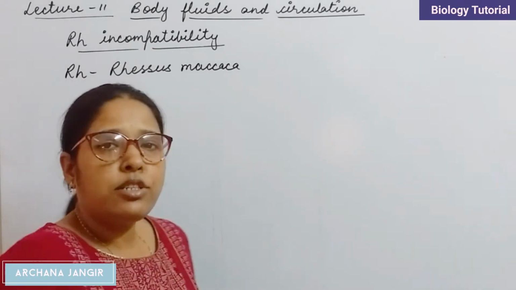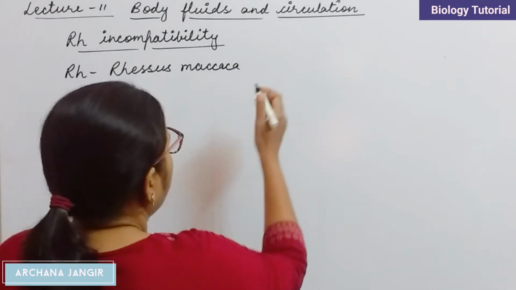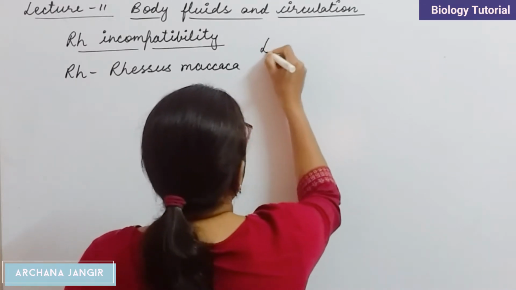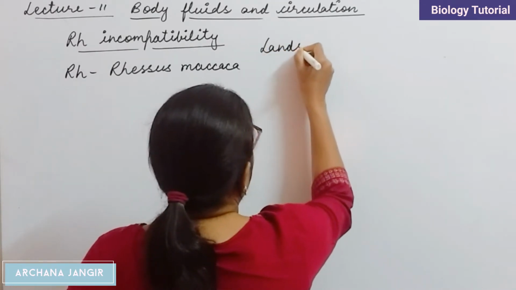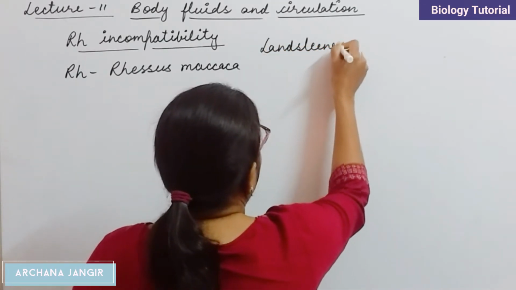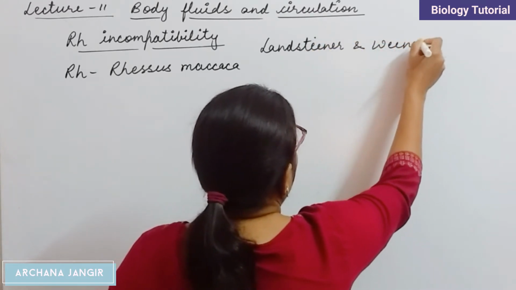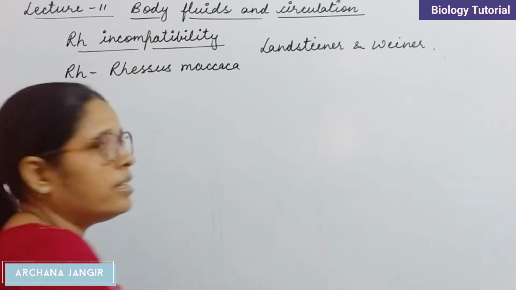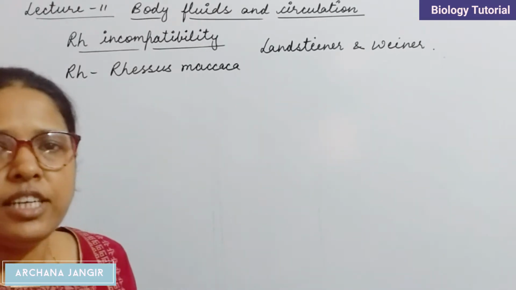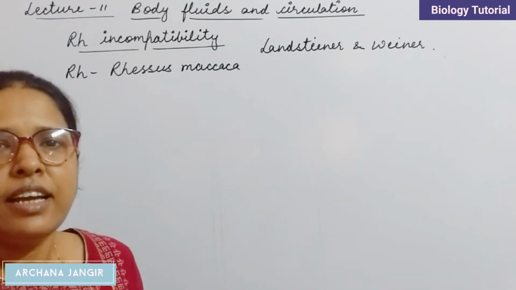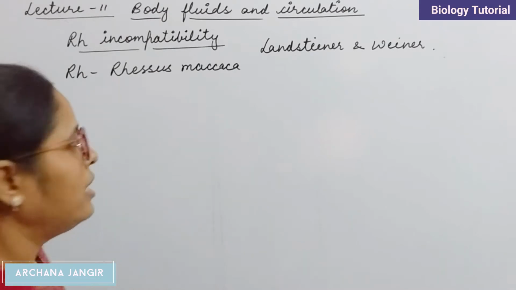And the scientist who discovered this factor was Landsteiner and Wiener. Clear? This is controlled by a gene that is called as antigen D.